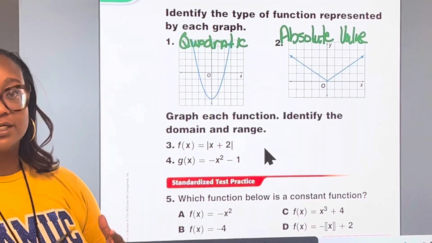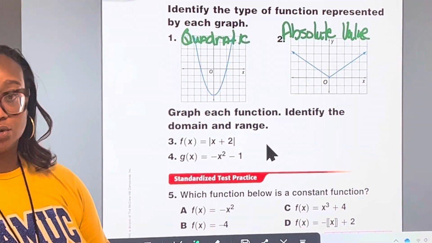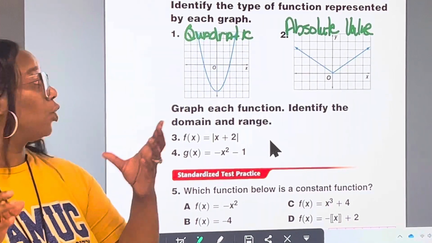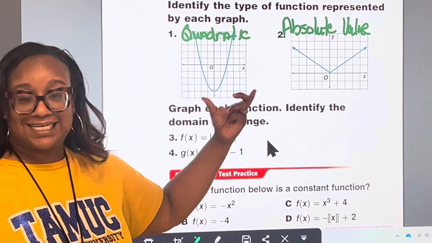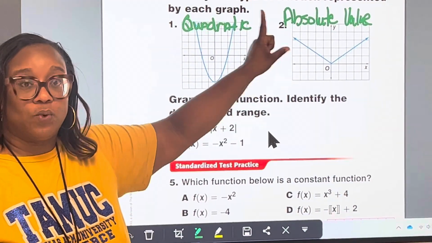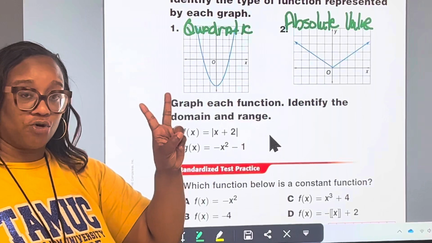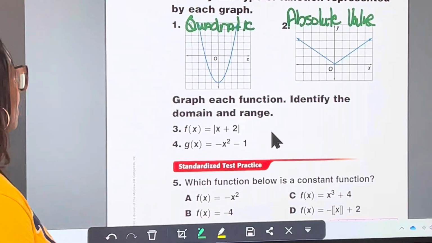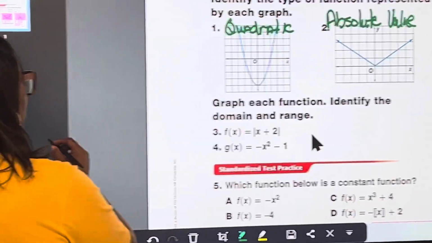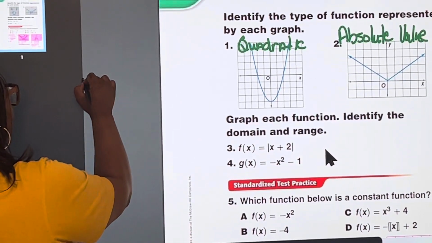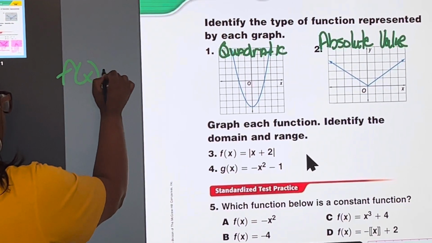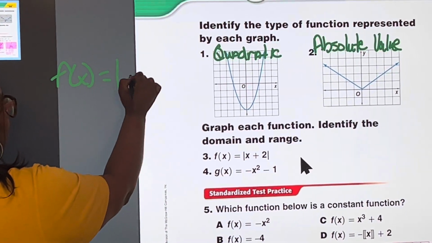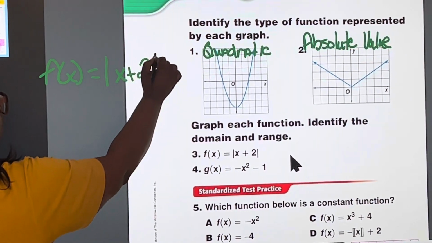Also last class, we reviewed those parameters of how we can transform or translate an absolute value graph. So we know that the graph is going to be a V-shaped graph. That's number one. But then let's also talk about the transformations. So f of x equals the absolute value of x plus 2.